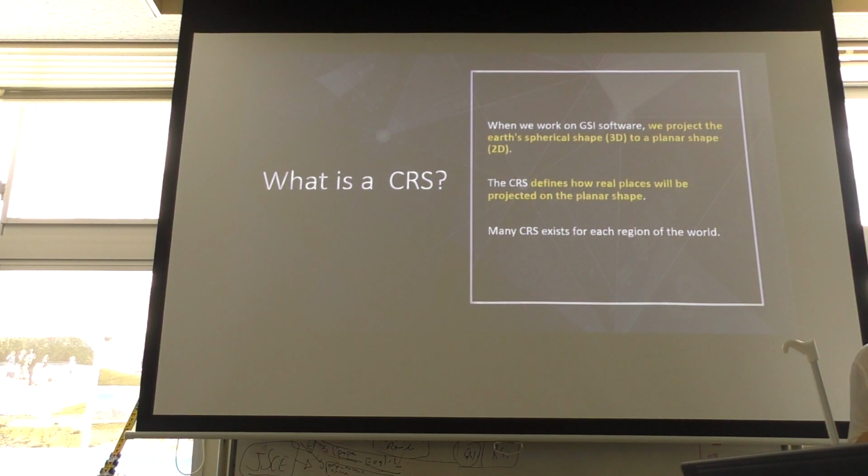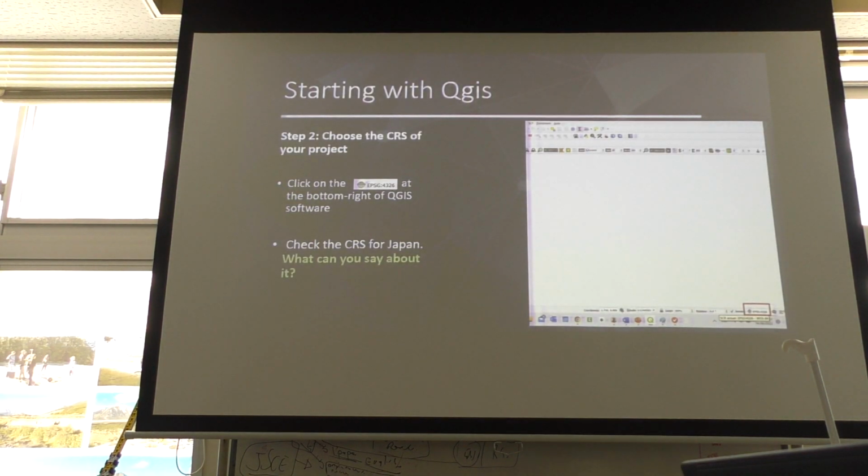But you don't have only one. You have a lot of different CRS in QGIS and in GIS. So I ask you to just take a look when you click here, okay? Just click on the CRS at the bottom of QGIS.